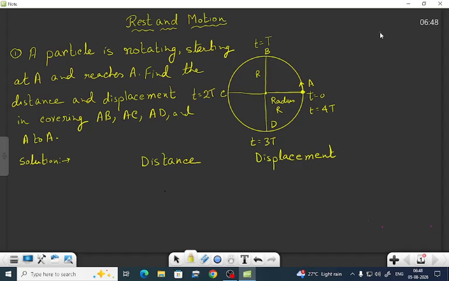In a circle, the circumference is 2 pi r, right? This is the circumference, 2 pi r, and this is 1/4 part, so it will be divided by 4.